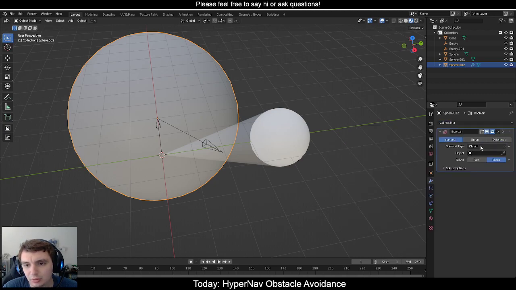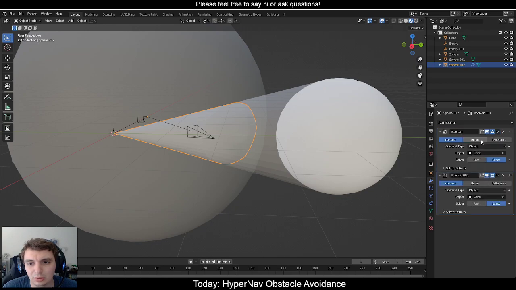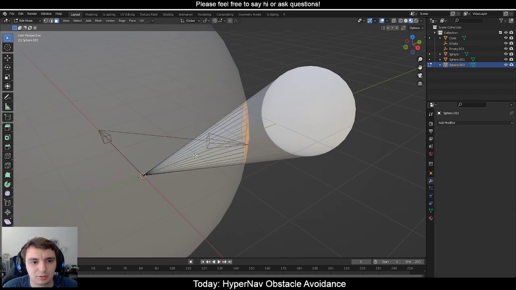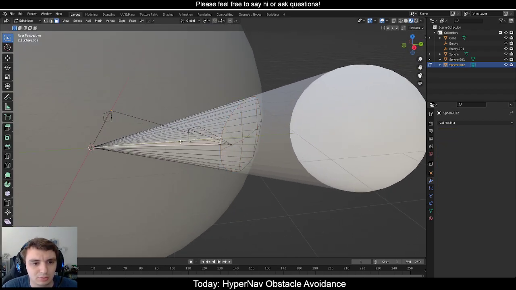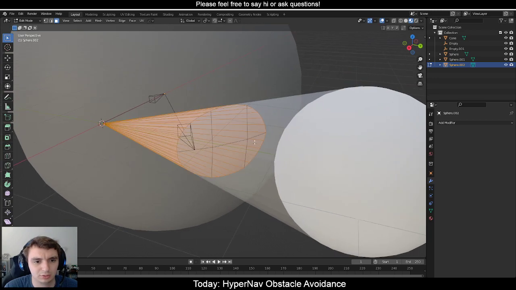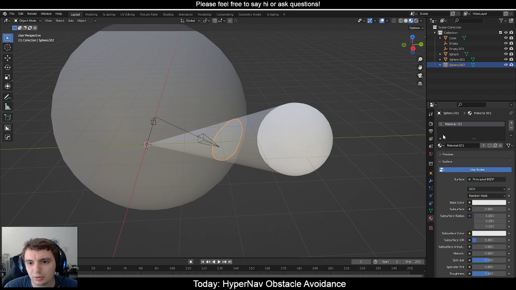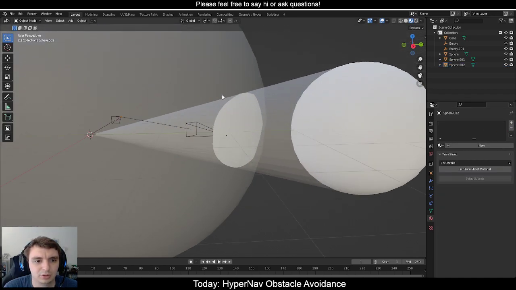Boolean intersect with this thing. And then, oops, I'll apply that. We only need that, so we can delete everything else. And then we want to have this use a default material. Okay.